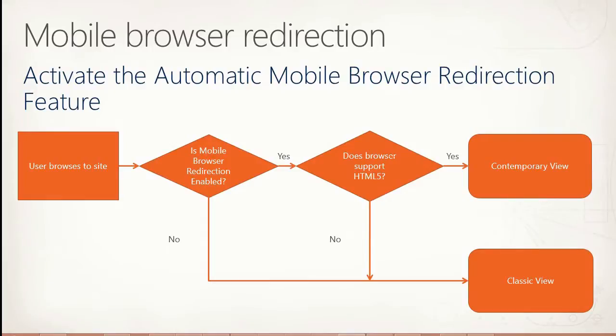If the browser does support HTML5, and it has been determined to be a mobile browser, then SharePoint will render the contemporary view, that new view of how to look at information inside of a SharePoint site. As you can see from the flow diagram, if you don't have this feature turned on, users with mobile devices will be redirected to the classic view. This is the original view that we've had in past versions of SharePoint that will allow us to see a mobile-enabled view for SharePoint.